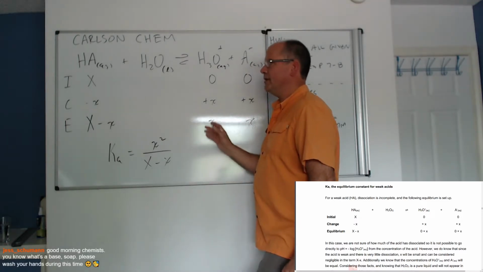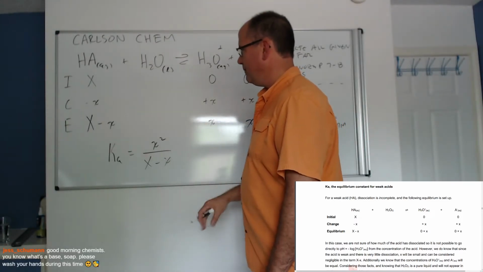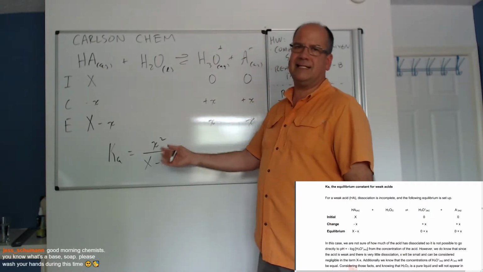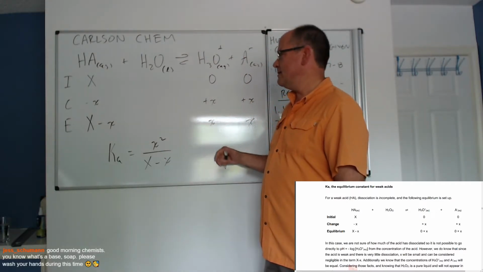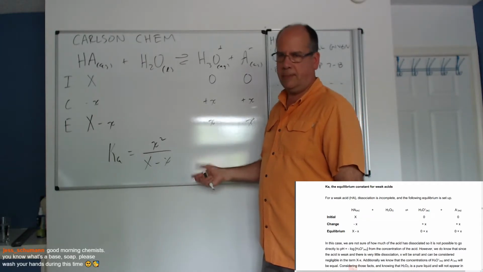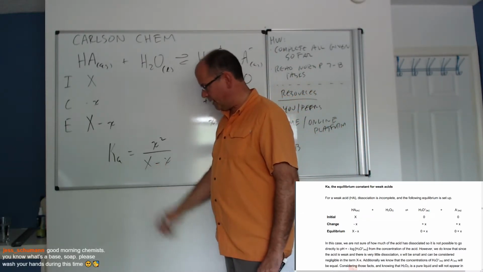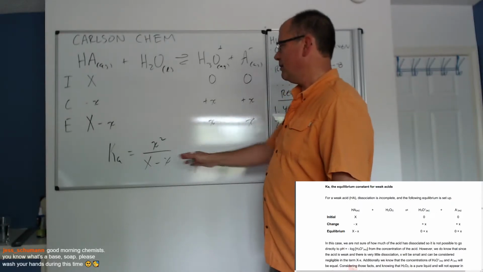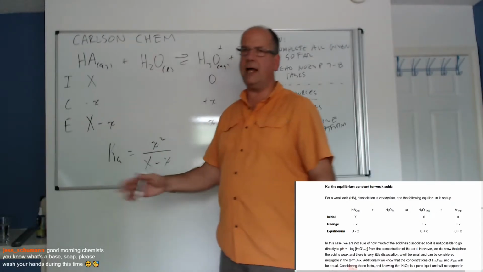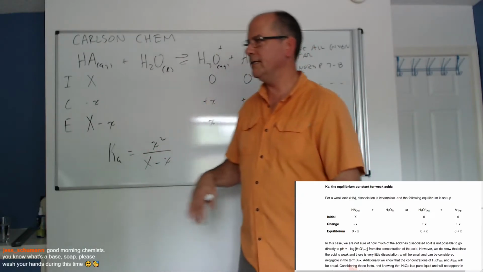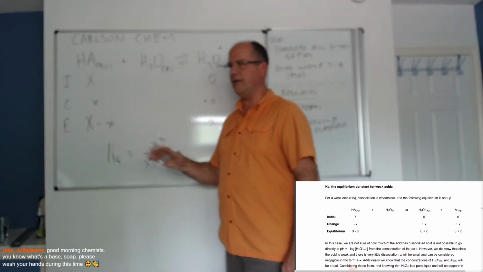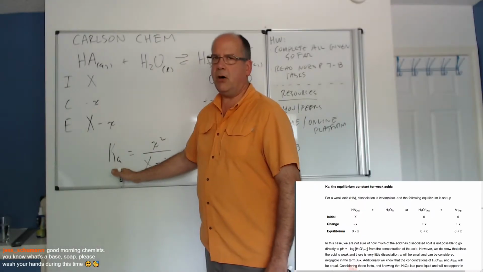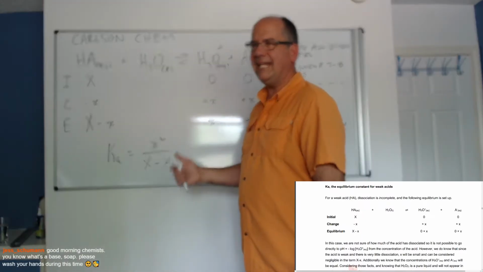Now, one of the things that we're going to be doing a lot of is saying that the amount that gets dissociated is negligible compared to the initial amount we started with. And we'll see that with our Ka values. If our Ka values are very small, 10 to the -3, -4, -5, up to -10, then that means hardly any got dissociated.